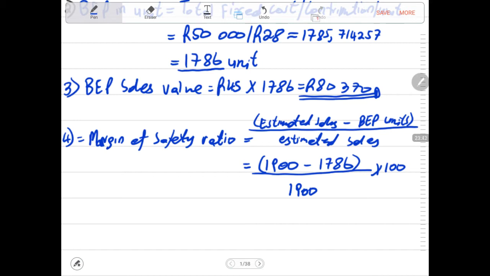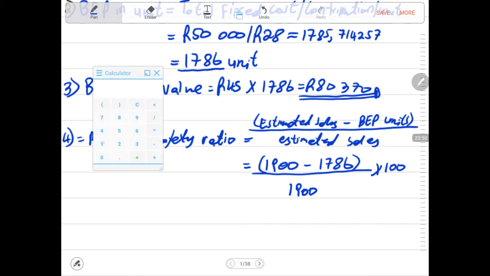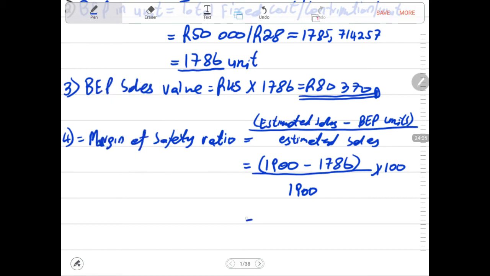Then, on that same note, doing the calculations: 1,900 minus 1,786, divide by 1,900, times by 100. We get to 6%.